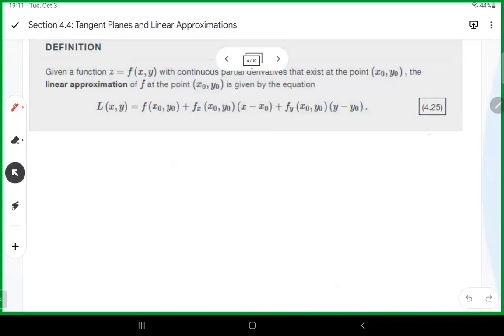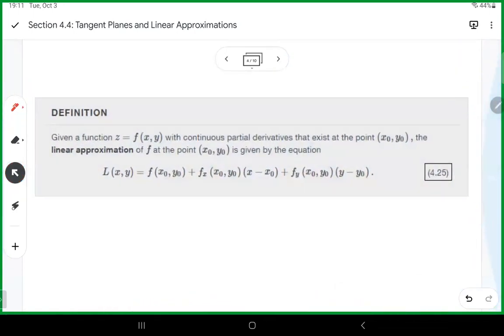All right, we have a definition. Okay, almost done.